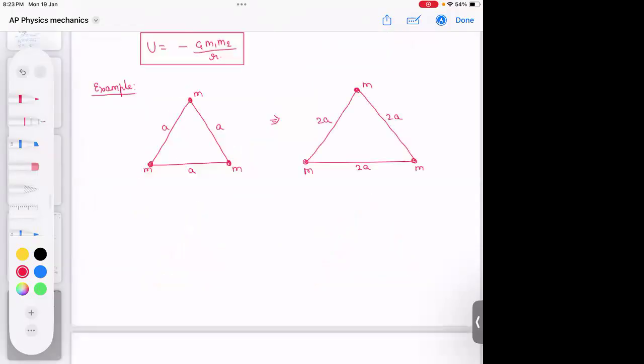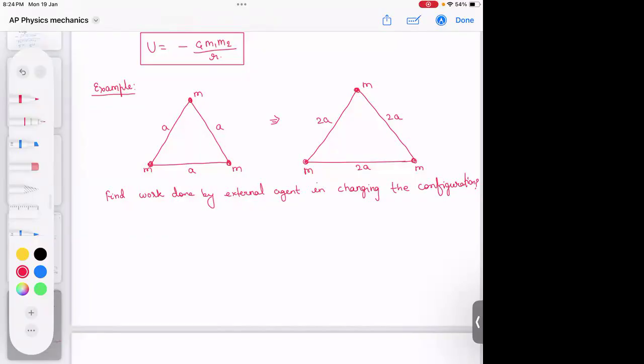They are asking: find the work done by external agent in changing the configuration, from side A to side 2A.